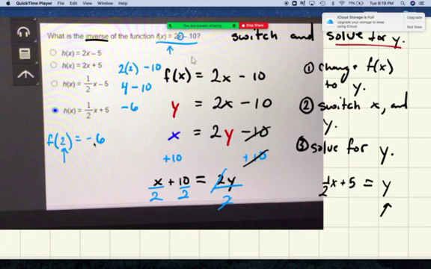If I plugged in a negative 6 here, 1/2 times negative 6 plus 5, I should get out a 2, because these two things are inverses of each other. So 1/2 times negative 6 is negative 3. And then plus 5, that's positive 2. And that's what we wanted. So that's the other way. When we get to it, we'll see what happens.